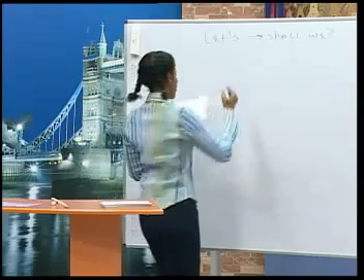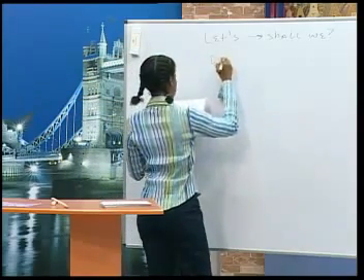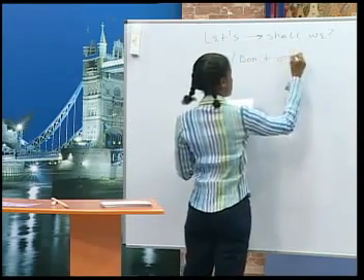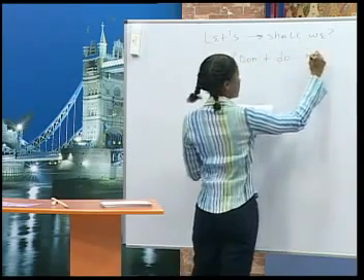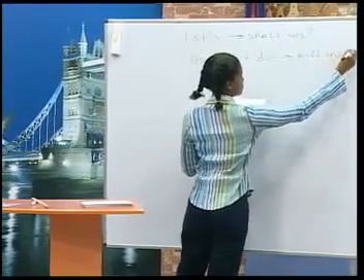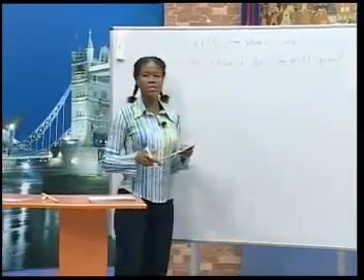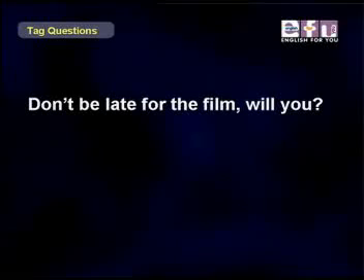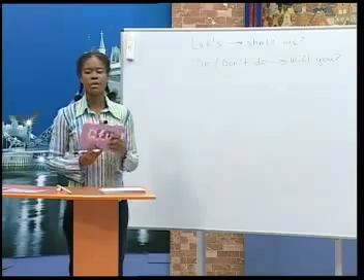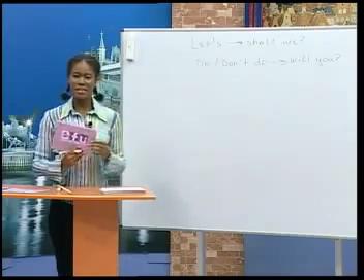After the imperatives, do or don't do, etc., your question tag is usually will you? For example, don't be late for the film, will you? Sit in that row, will you? Okay, let's practice some more.